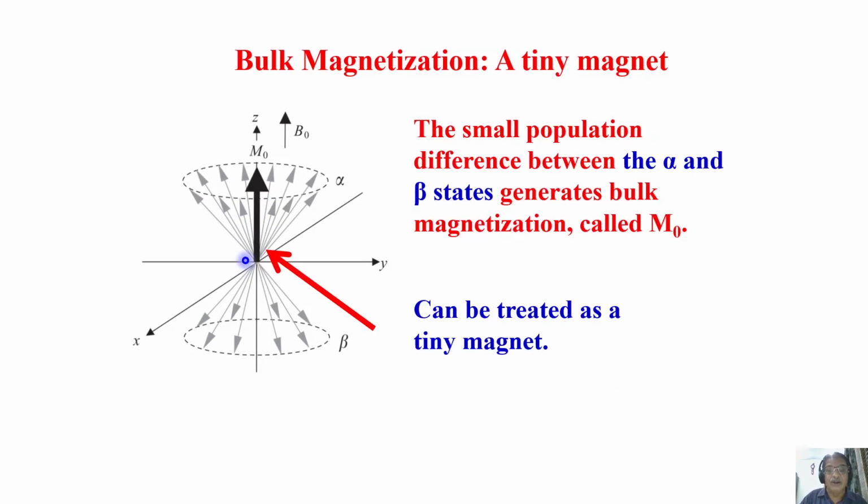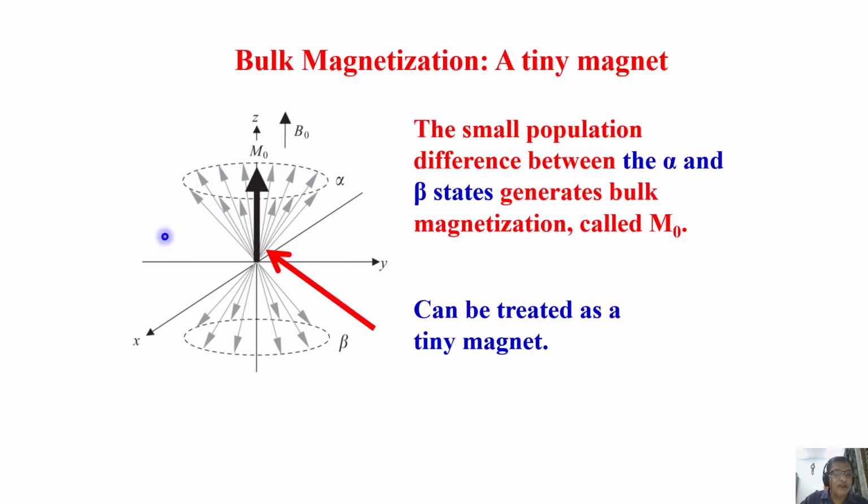This is called bulk magnetization, which is nothing but the vector sum of the difference of magnetization from all the magnetic moments put together, by an approximation called the random phase approximation.